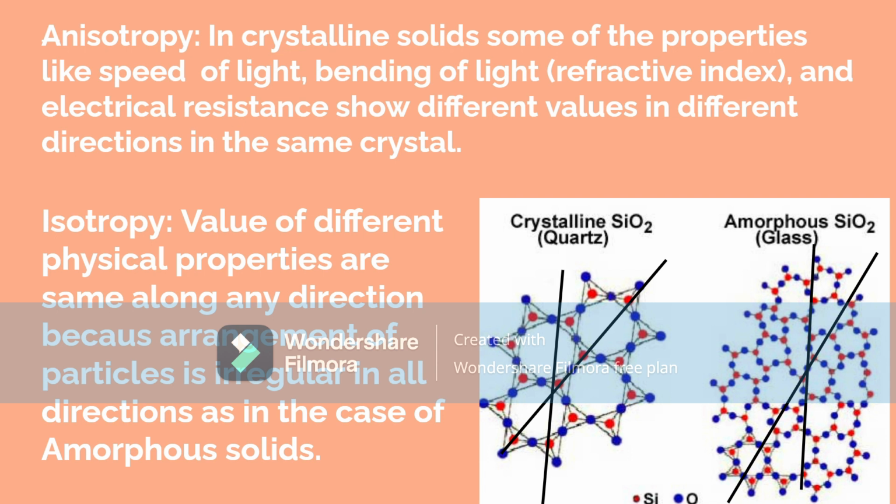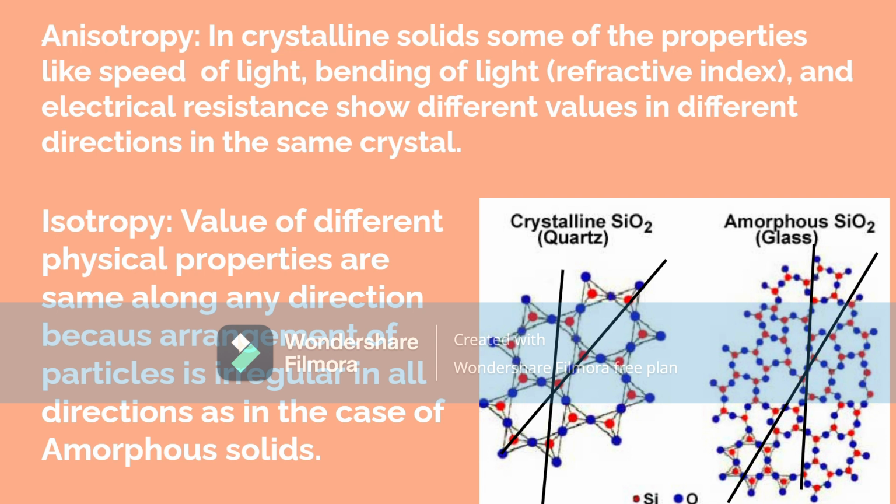If you observe these two lines in the crystalline SiO2, that is quartz, each line has a different pattern of arrangement of particles. So in one line the physical properties may be different because the arrangement of particles is different. In another line the arrangement of particles is different, so the physical property values may be different.